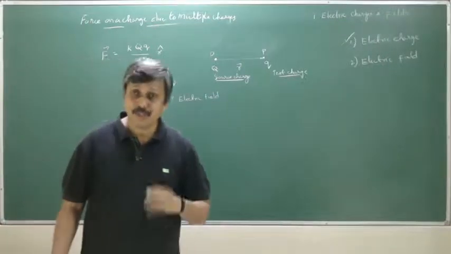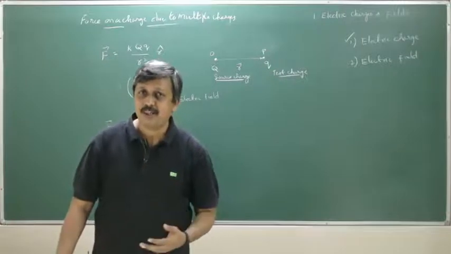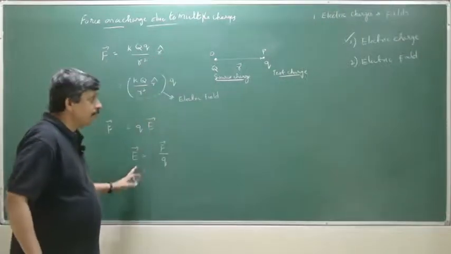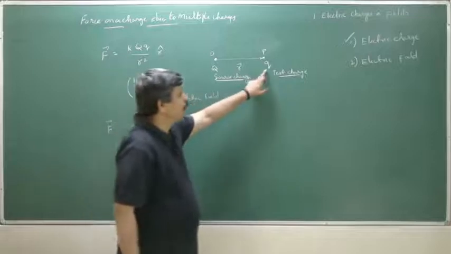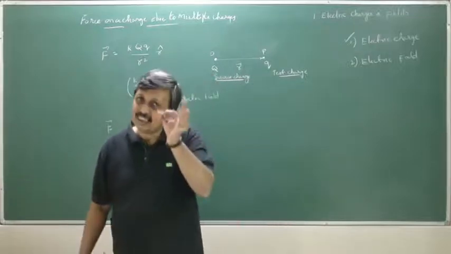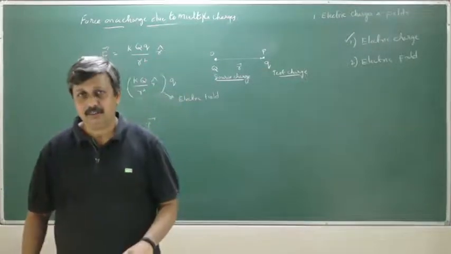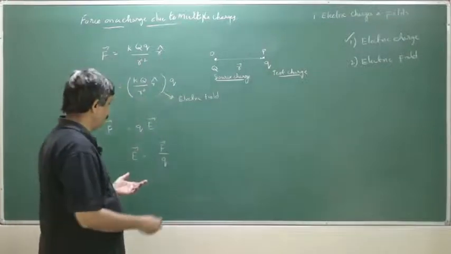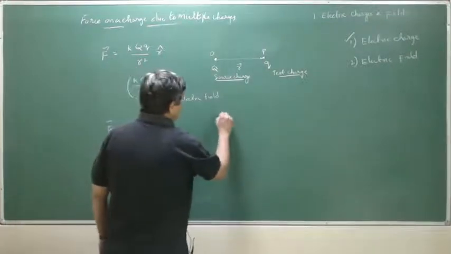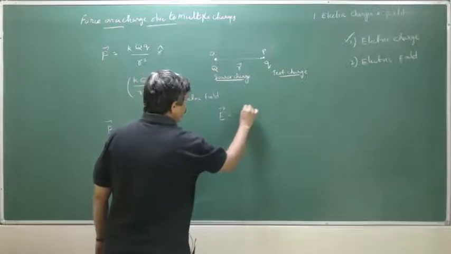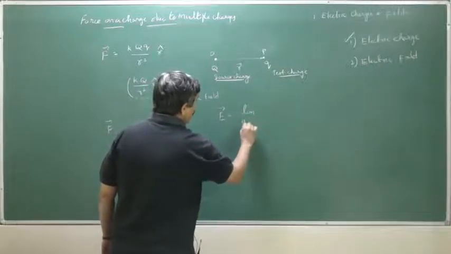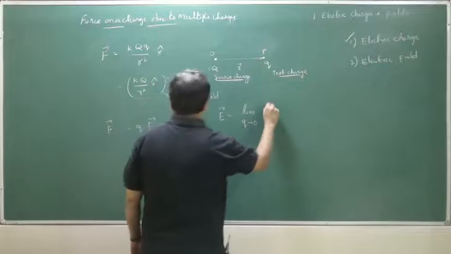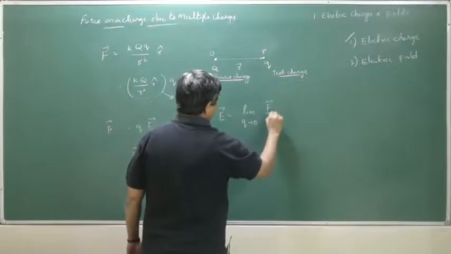So, for measurement's sake, a better way is to keep small q as small as possible. The meaning of that is we say E is nothing but the limit as small q tends to 0 of F divided by q.